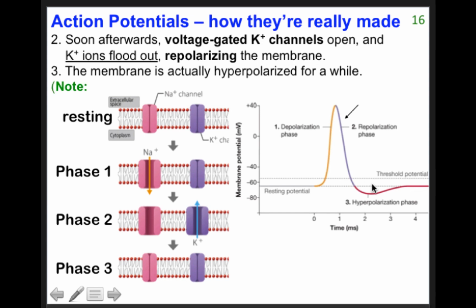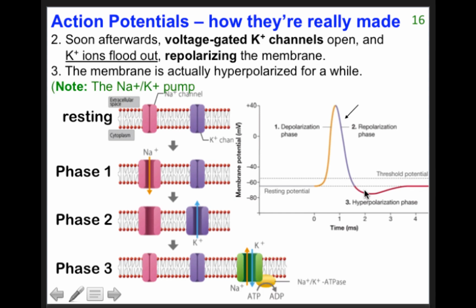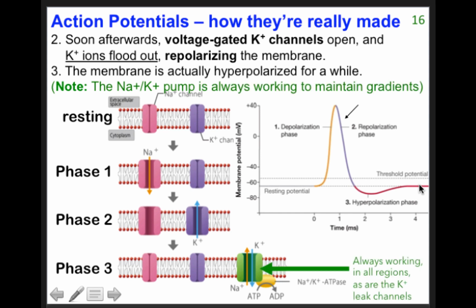And then notice that over time, after being hyperpolarized, the membrane does go back to its normal resting potential because of that dynamic equilibrium that's always there between the sodium-potassium pump and the potassium leak channels as well. So between the pump and the channels, things do always equal out back at the resting potential.